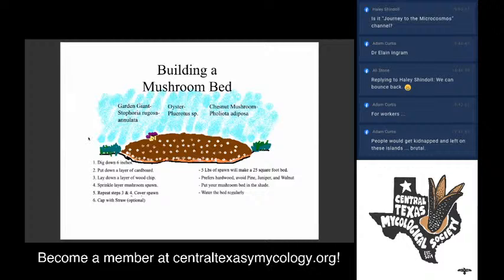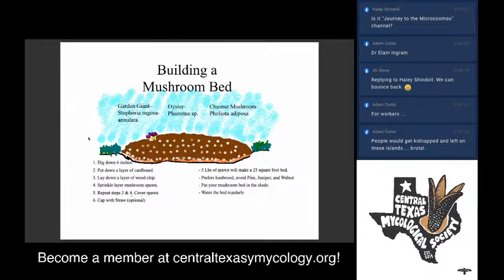Someone asked what type of mushrooms can be grown this way. One of the most popular kinds is the garden giant, the Stropharia rugosoannulata, and one of the reasons why it's the most popular to do this way is because it requires a more complex ecosystem in order to make fruits.